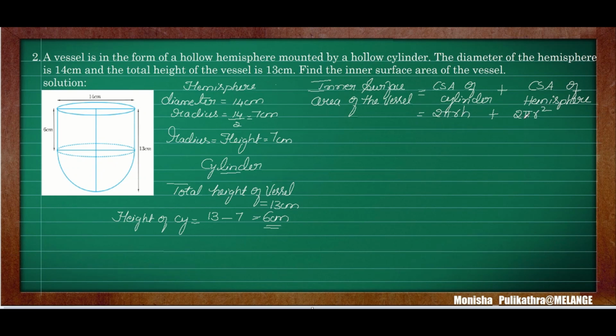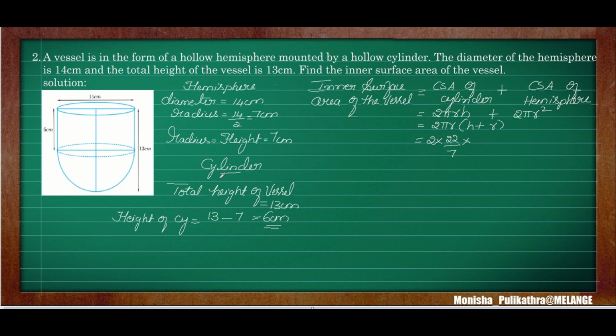Okay, here 2 pi r and 2 pi r are common. So if you take 2 pi r common, the remaining will be h plus r. So we need to substitute the values. 2 into the value of pi is 22 by 7 into r.